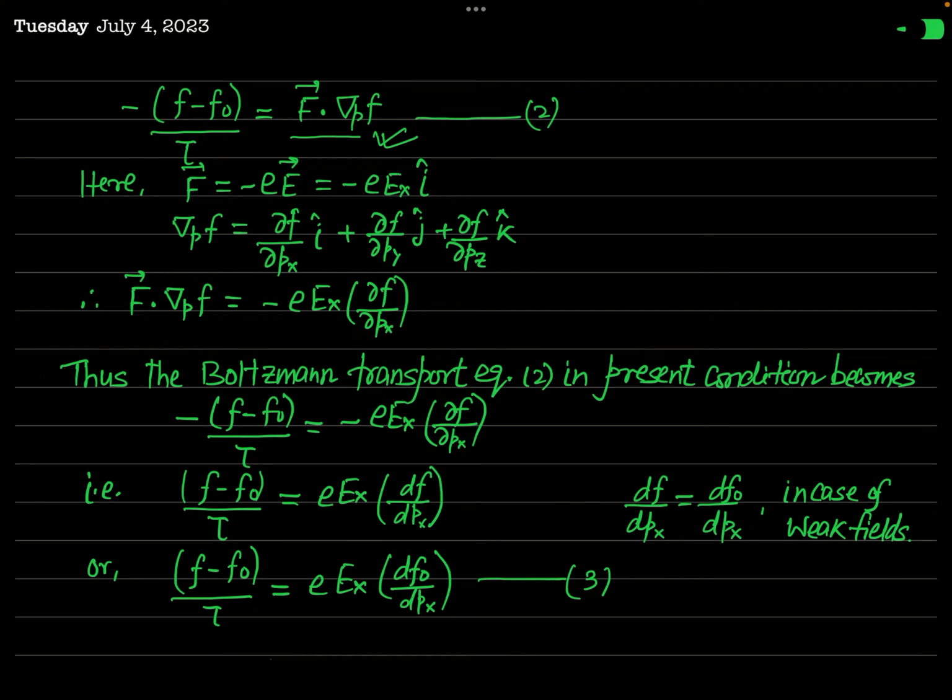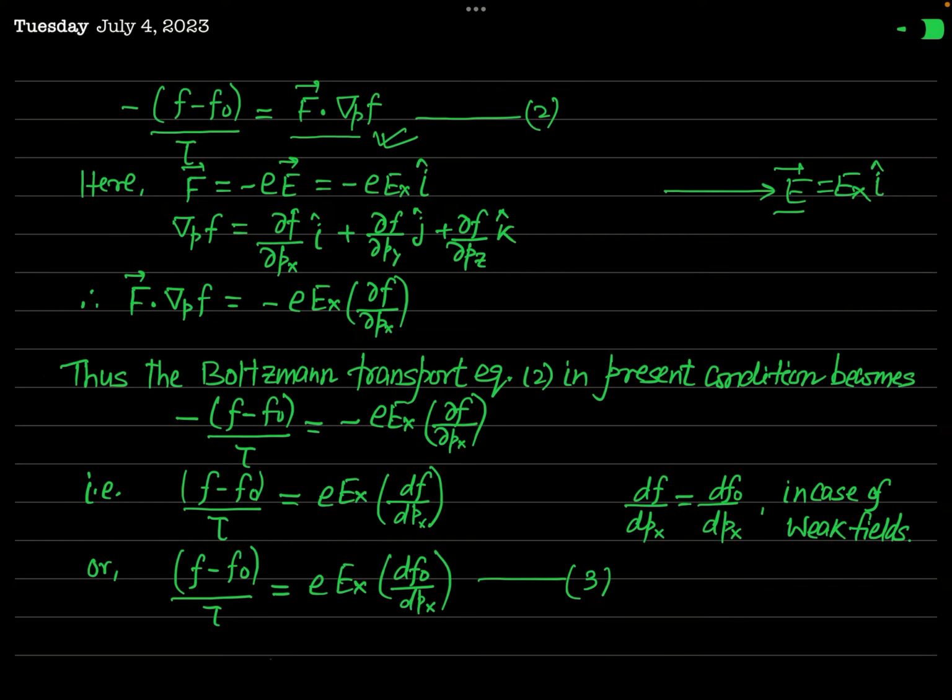Now let us see the present situation. I have told you and you have seen earlier that in this condition we have applied the electric field on the specimen in the x direction, so this field will have only one rectangular component Ex, the electric field in the x direction.